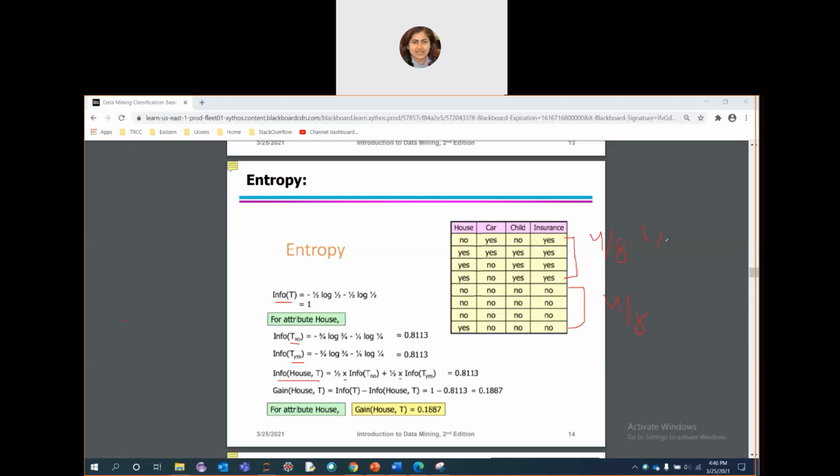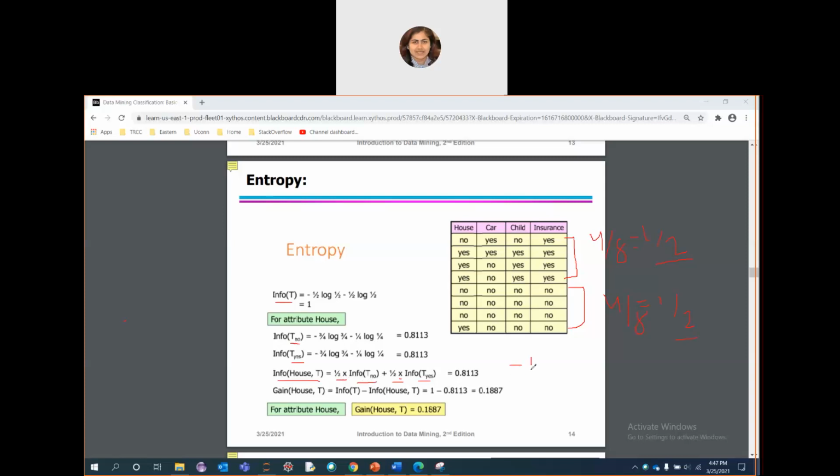So it will be 1 by 2, 1 by 2, correct? If we divide them by 2, you can simplify again. So we are just putting 1 by 2 for yes and 1 by 2 for no here.